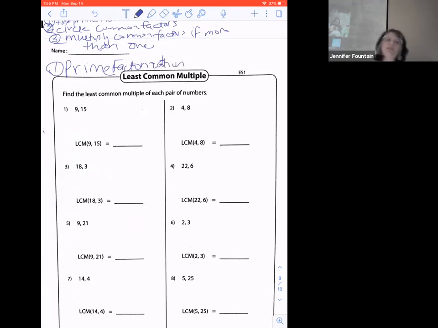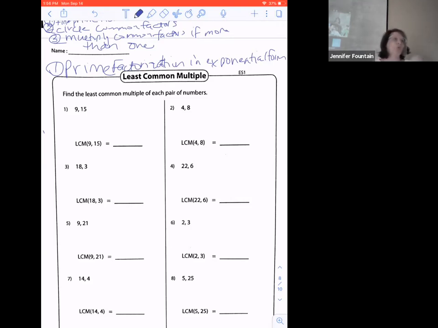Now what's different about this one though, is once we have our prime factors, we express them as exponents. Okay, so prime factorization in exponential form.